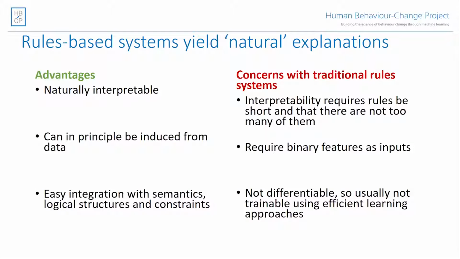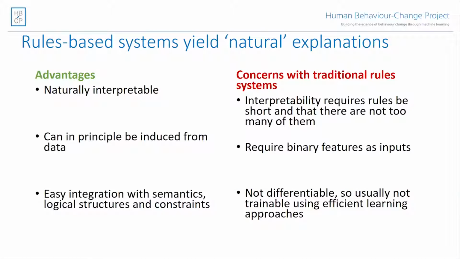So, for example, you need to have a small number of rules and the rules be short. Because as soon as you have a very large number of rules and a system of rules which is very complex, you can no longer understand it, even though it's in principle transparent. And you need to be able to learn the rule system from data, but that may mean that you have to transform your continuous input variables into some form that can be translated into a binary true or false statement.